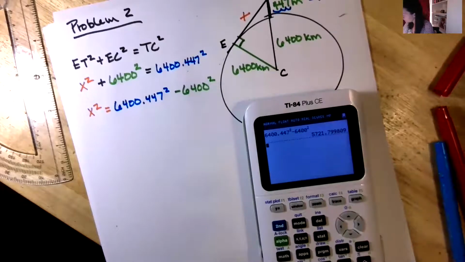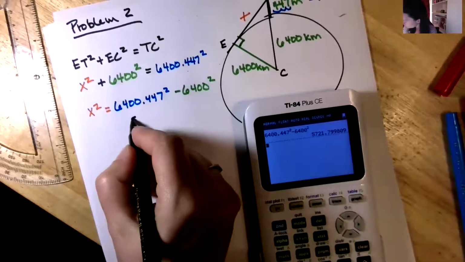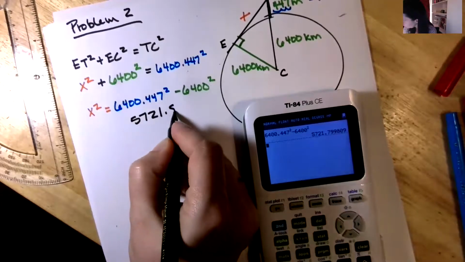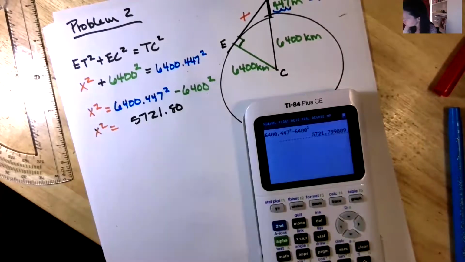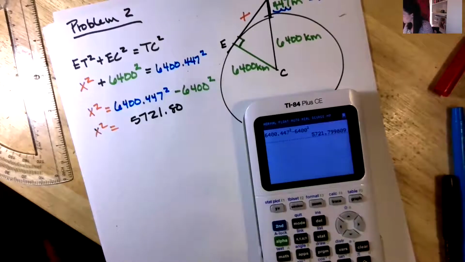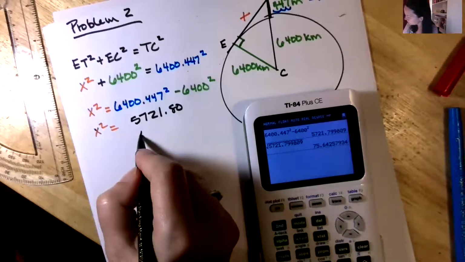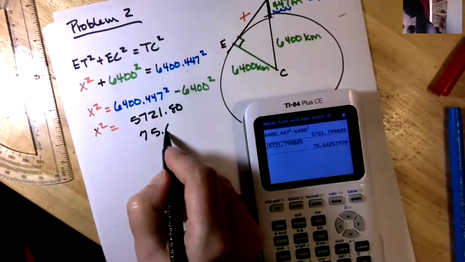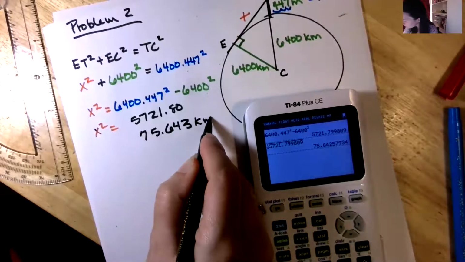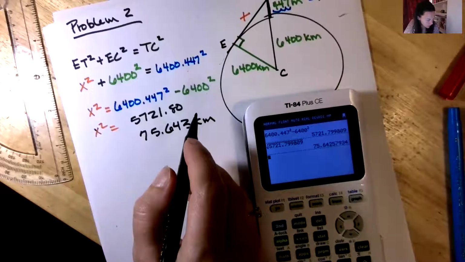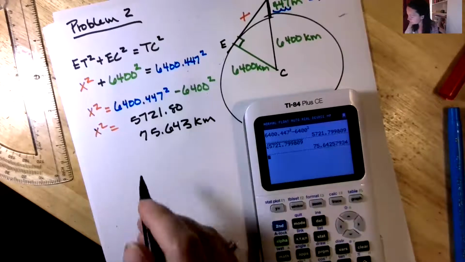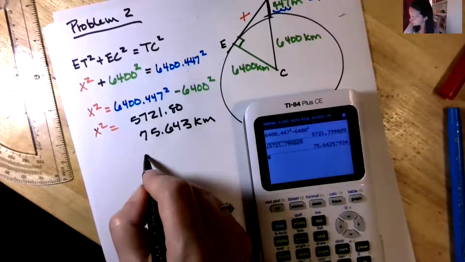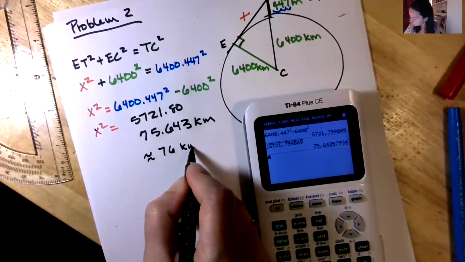That is equal to 5,721.80. Take the square root of that, so I can put in square root up, enter, and I get 75.643 kilometers. And this problem just says about. So I think we could probably just round this to the nearest kilometer. So this is approximately 76 kilometers.